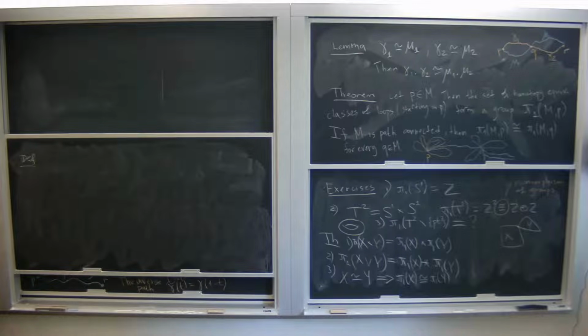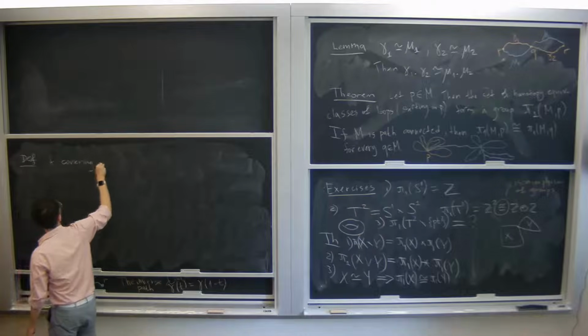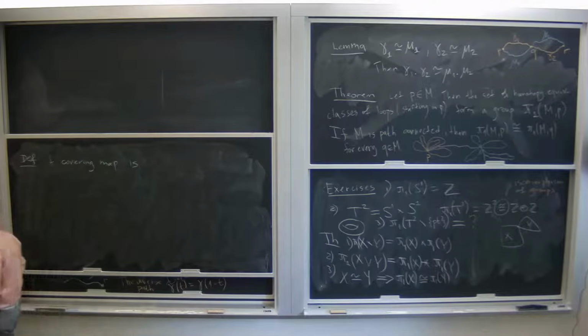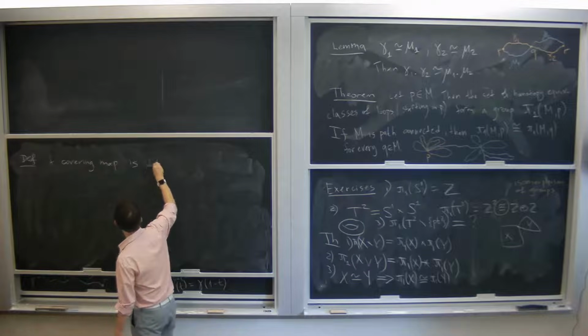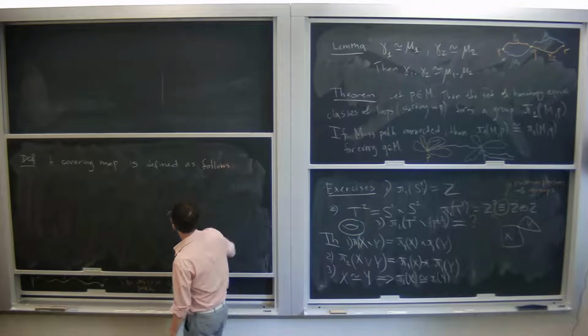I will define covering maps. A covering map is defined as follows. We consider the following set of objects.